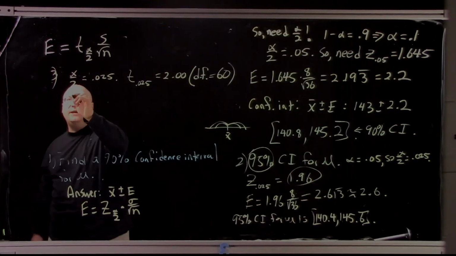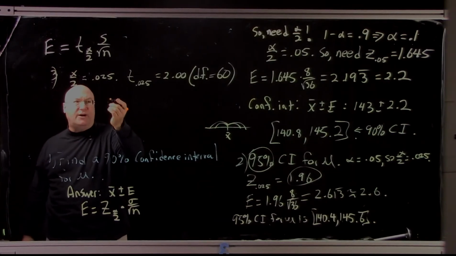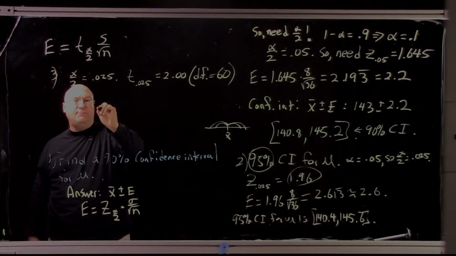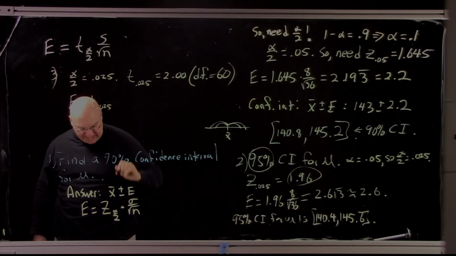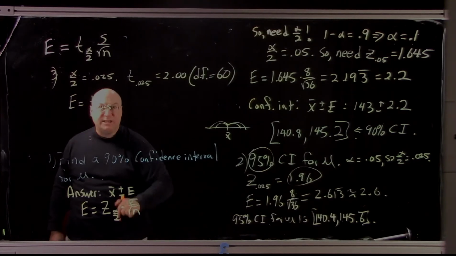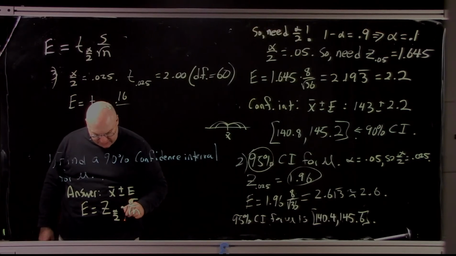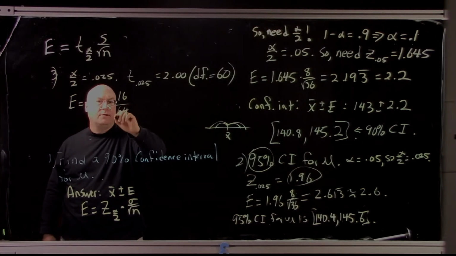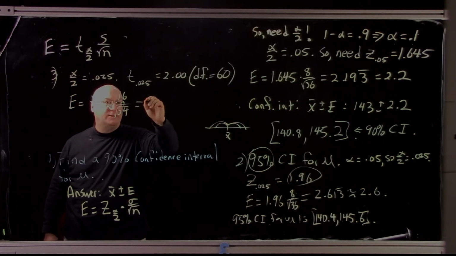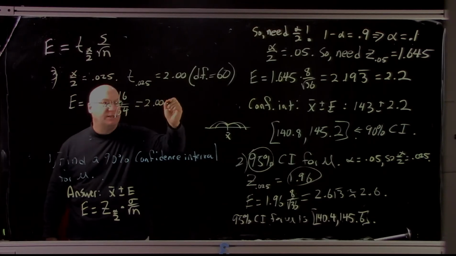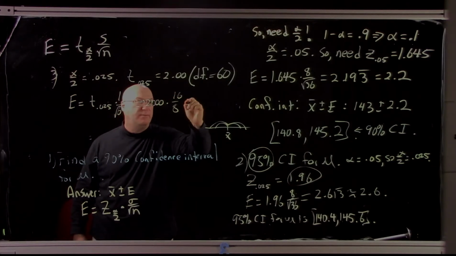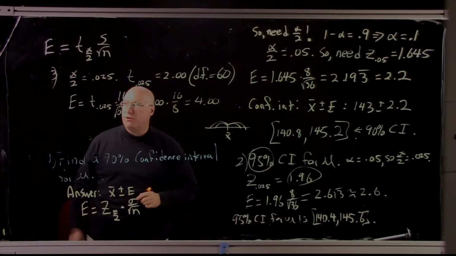All right, so E, the margin of error, is t 0.025 times s, which is 16, divided by the square root of 64. If you work all that out, it's 2.00 times 16 over 8, so you end up getting 4.00. There's your margin of error.